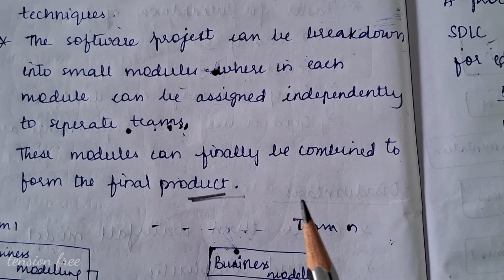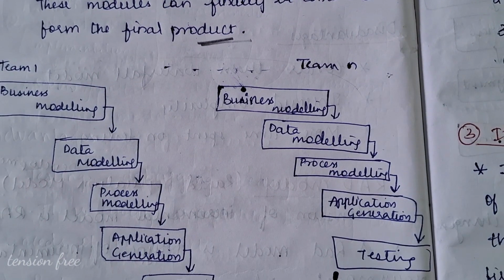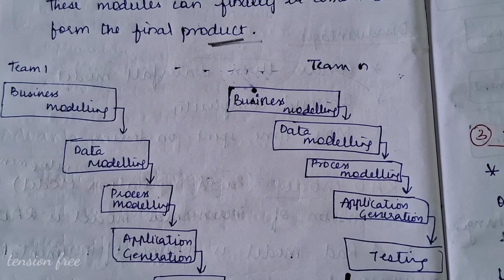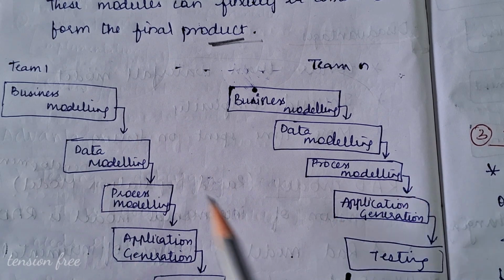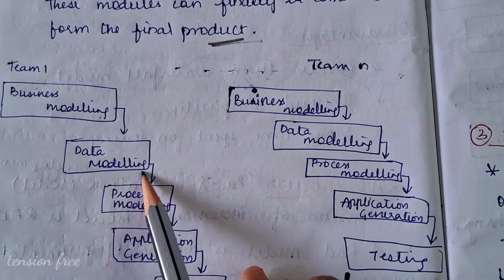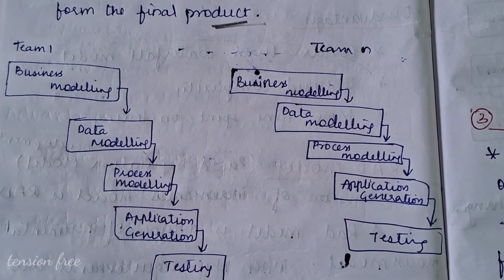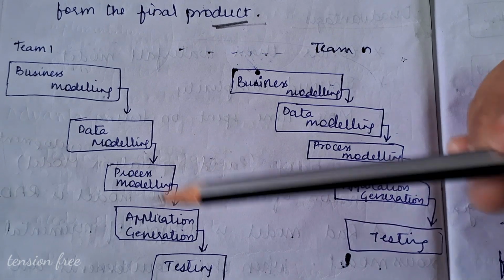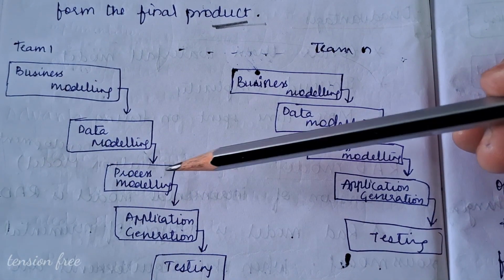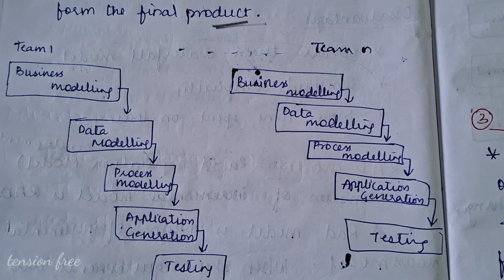Testing is undergone along with business modeling, data modeling, process modeling, and application modeling. Each team will test these modeling and generations until we get the final product.